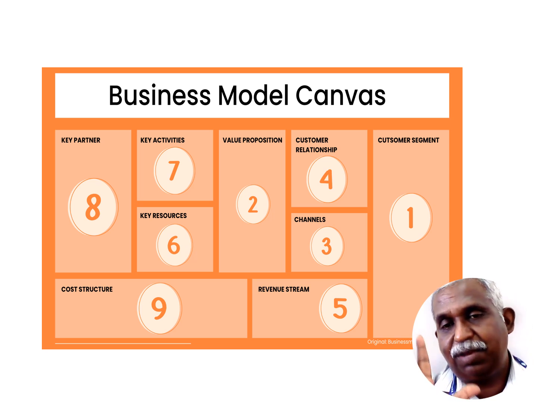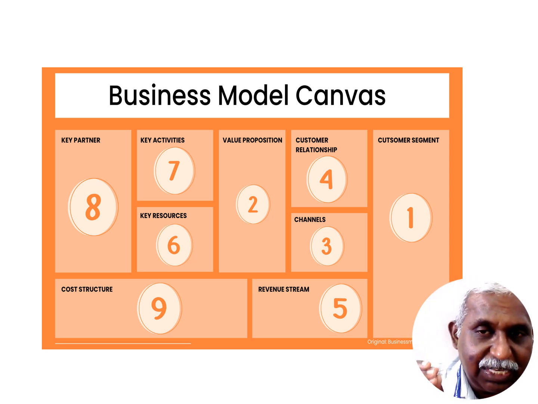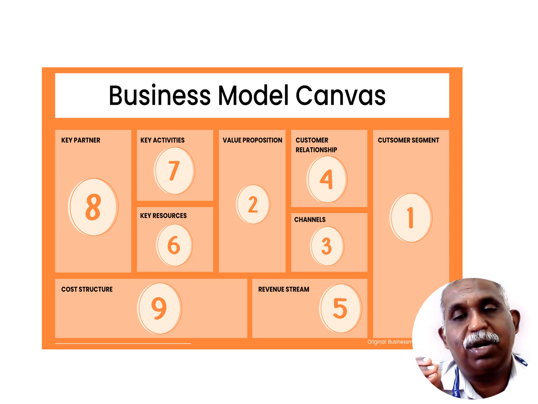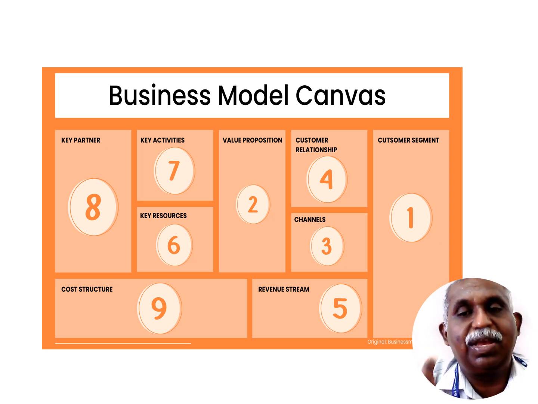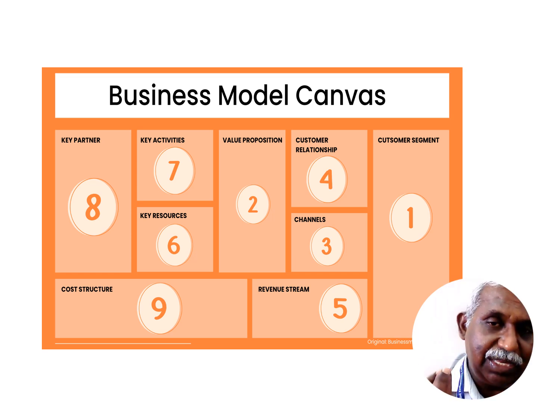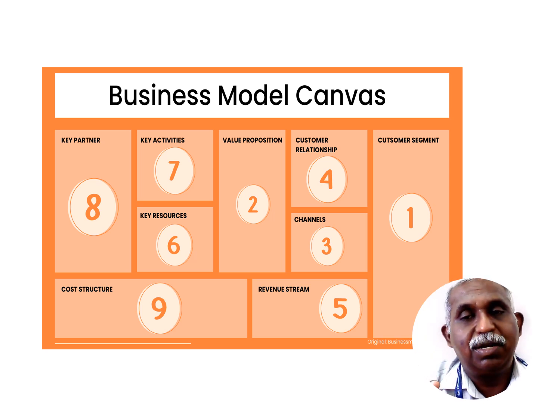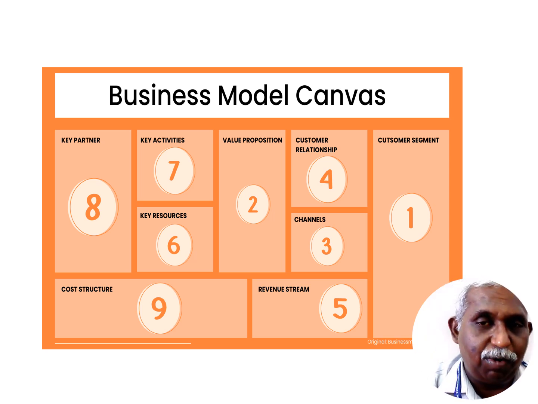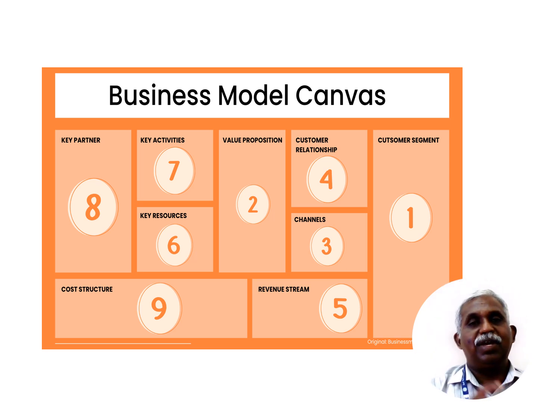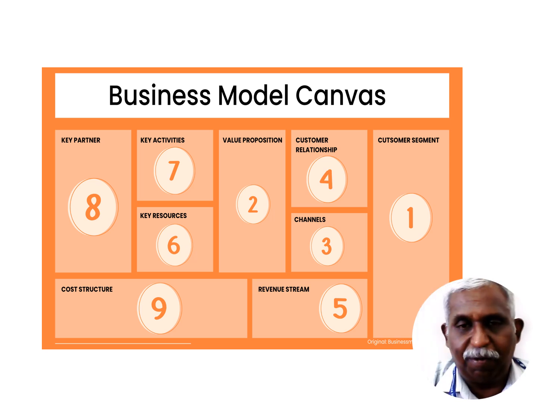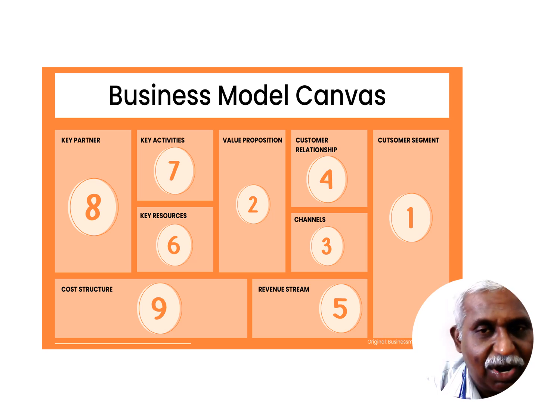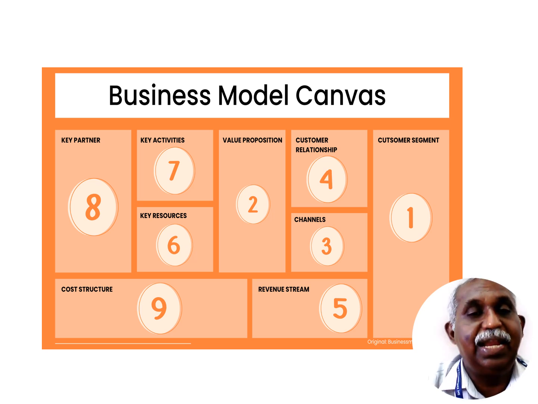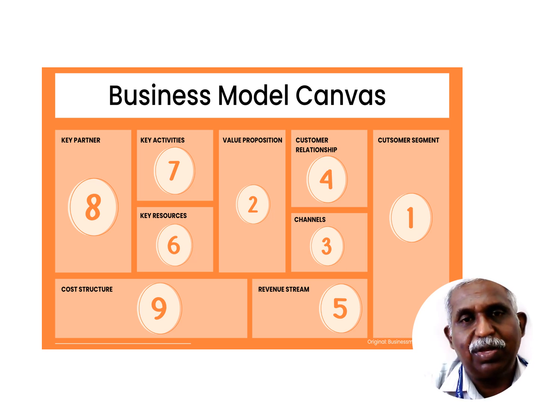Nowadays, small sachet health mix powder is given even for 5 rupees. With that 5 rupees, one day we can get nutritious food from that packet of powder mixed with milk. So please understand the 9 block business model, starting from customer segment, ending with cost structure.